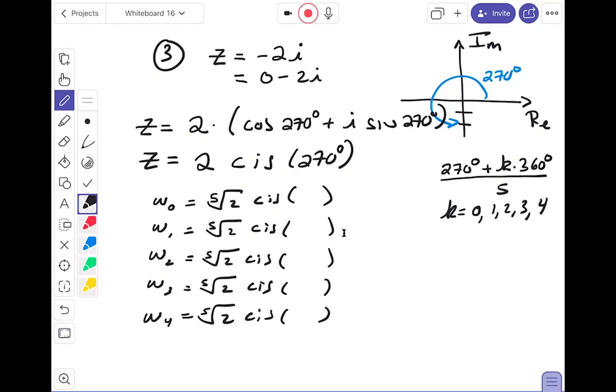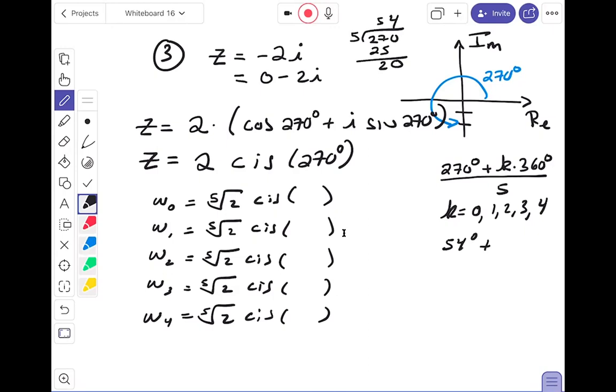So let's write this down. Now, the question is, does 5 go into 270? Sometimes I need a calculator for that. I hope you don't, though. 5 into 270 goes 54.